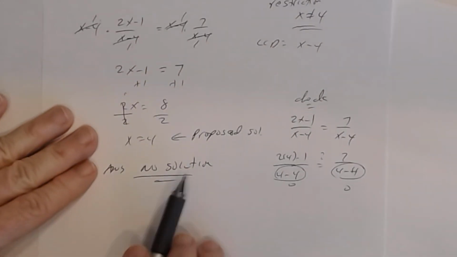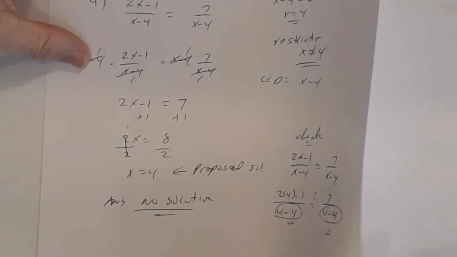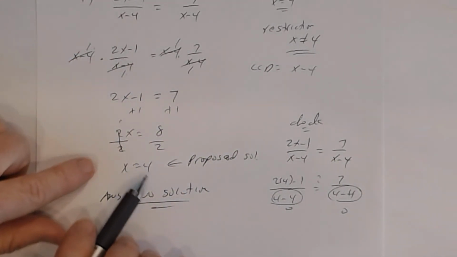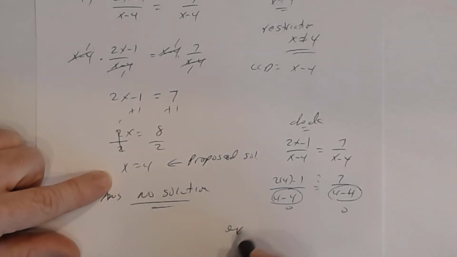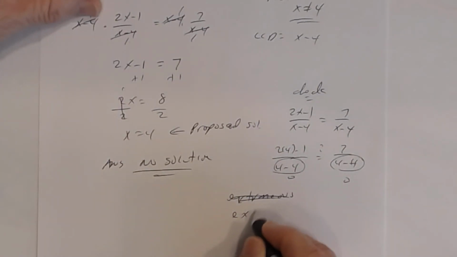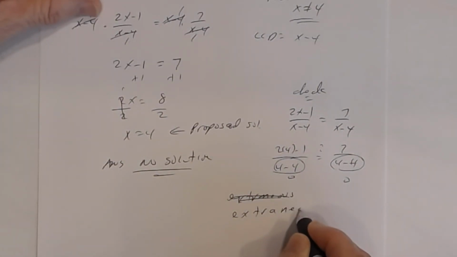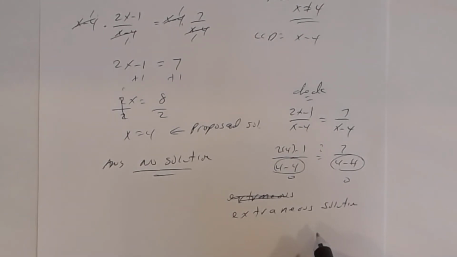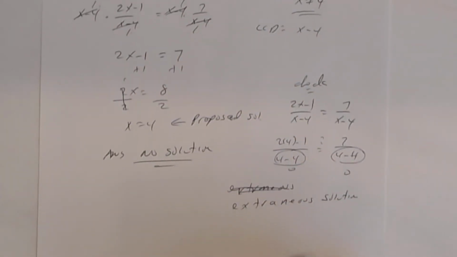Now I want to say this. Some textbooks, when you're at this level, will call this right here an extraneous solution. Extraneous, E-X-T-R-A-N-E-O-U-S, solution. You're going to see this again next semester when you solve radical equations, where you're going to have extraneous solutions.